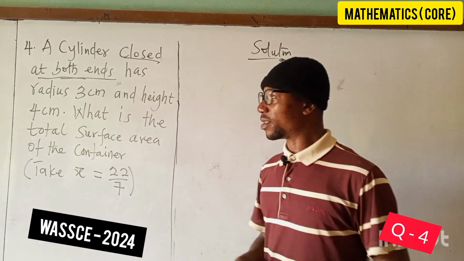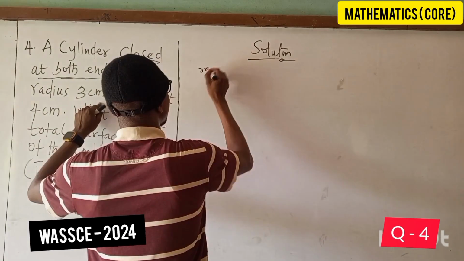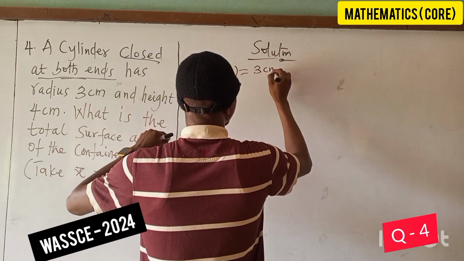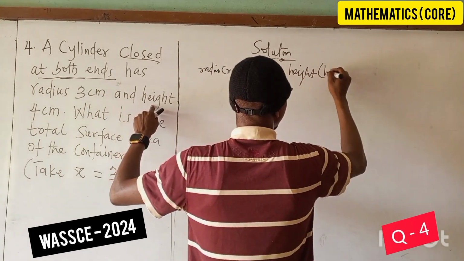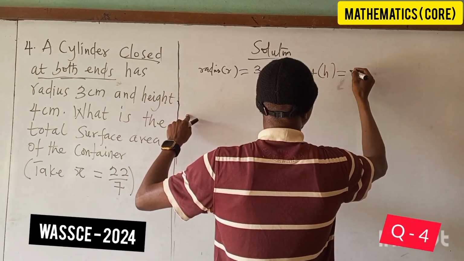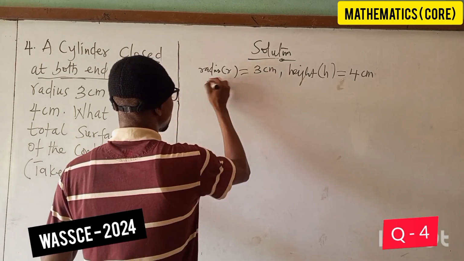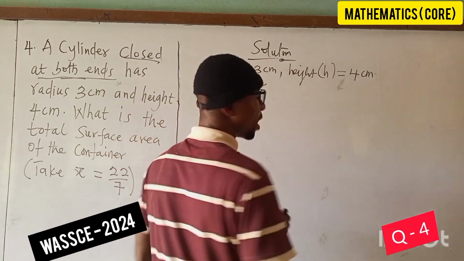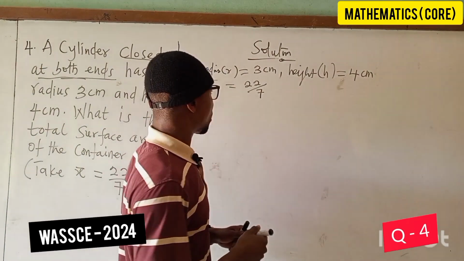So let's look at the question. We have been given the radius of the cylinder, r, to be 3 centimeters. We have also been given the height of the cylinder, h, to be equal to 4 centimeters. We have been given pi as well, 22/7, and we have been asked to calculate the total surface area of the cylinder closed at both ends.